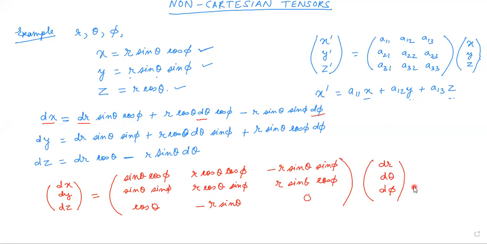So this is how the differentials dr, d theta, d phi transform to dx, dy, dz, or in other words, the differentials dx, dy, dz transform to dr, d theta, d phi through this relation. Let me go to the next page.